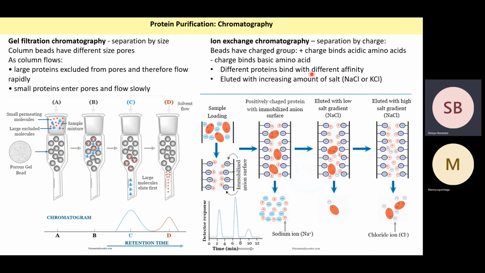The different proteins have different binding affinity, meaning the positively charged protein gets stuck to the negatively charged column, so it is separated from the negatively charged protein. The positively charged protein comes out later and the negatively charged protein comes out first. In this way, you are separating the proteins based on charge.